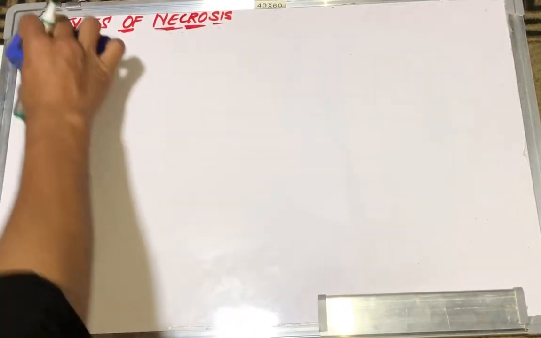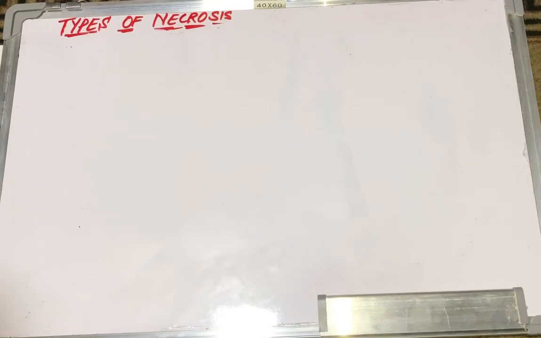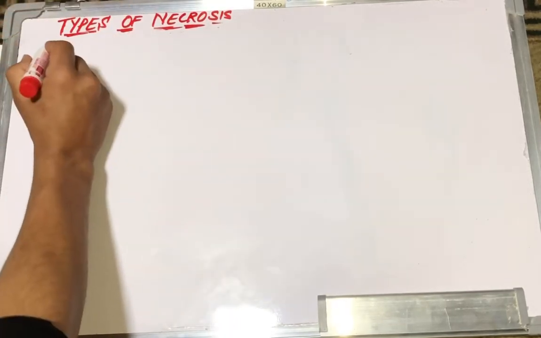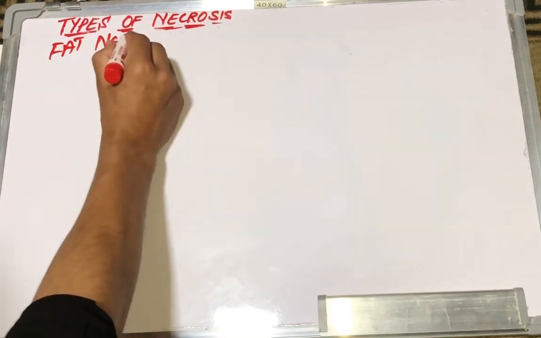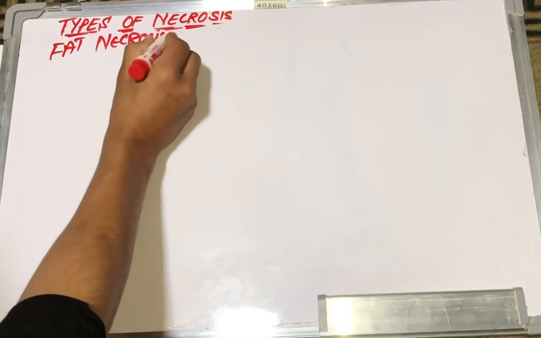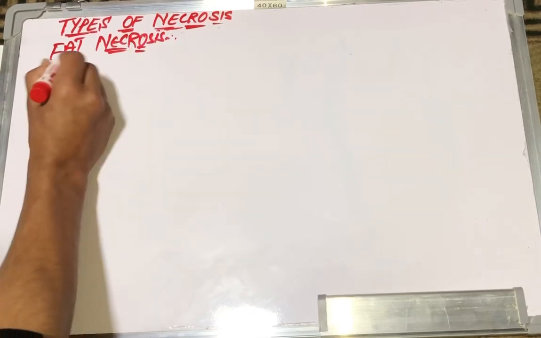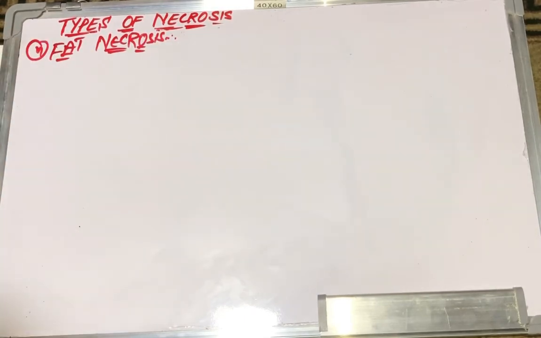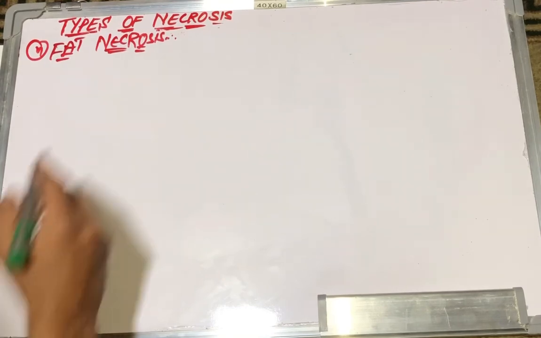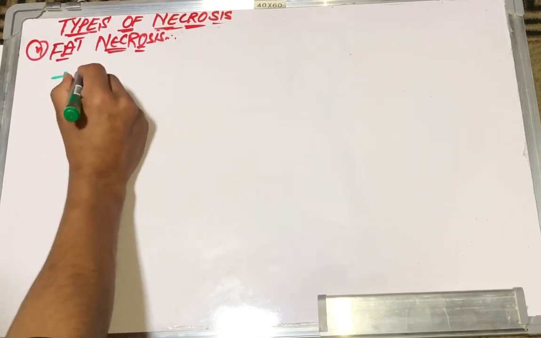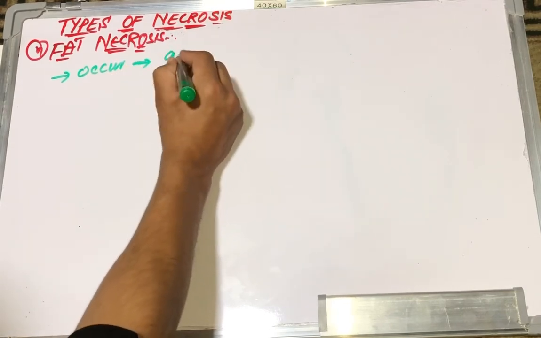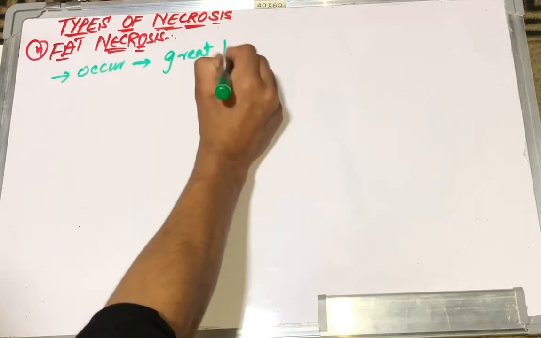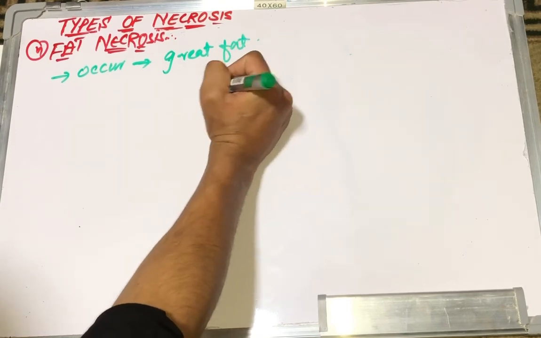Now we come to the fourth type of necrosis, and that is fat necrosis. What is fat necrosis? It usually occurs in areas of high fat.